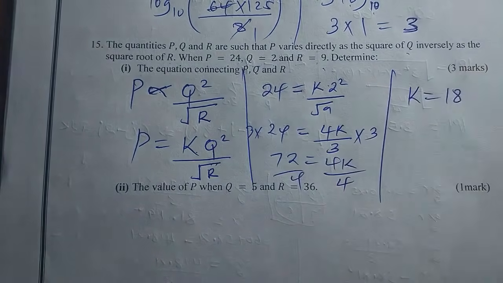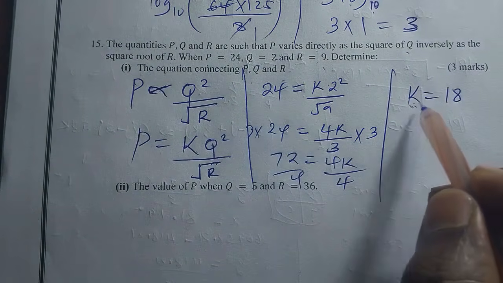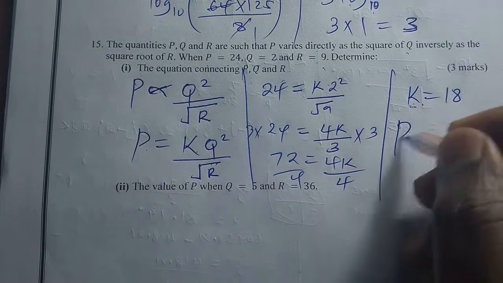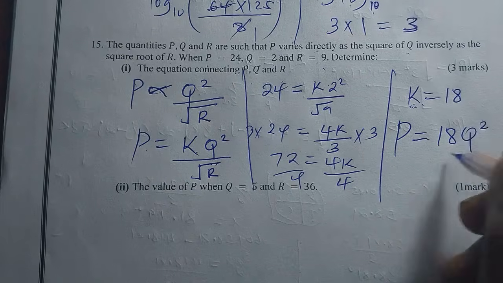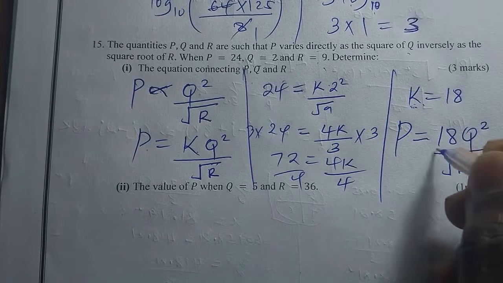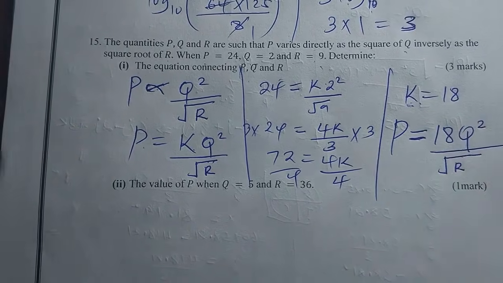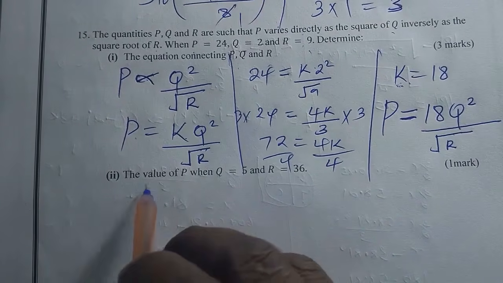Now the equation connecting P, Q and R, when you include the value of K, is P equal to 18 Q squared over the square root of R, and that is the equation connecting the three variables. Find P when Q is 5 and R is 36.